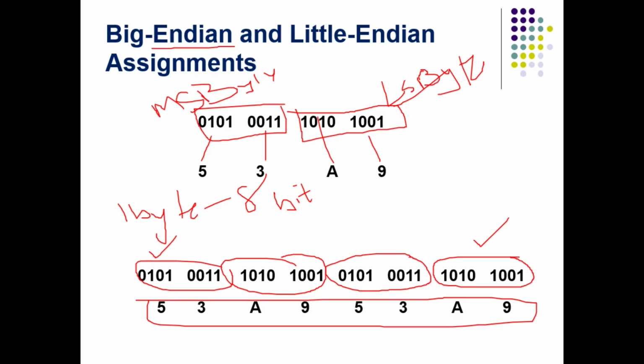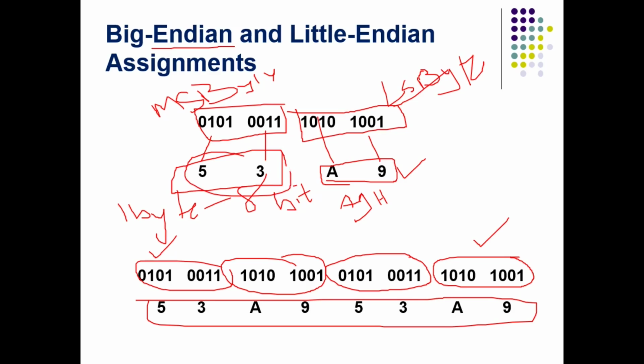Now what about in hexadecimal? We know that every hexadecimal digit is 4 bit. So to make a byte, we need 2 hexadecimal digits. This is 1 byte and this is one more byte. So the least significant byte is A9H. H I'll write for representation purpose.